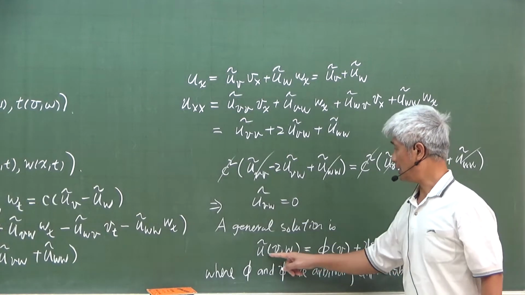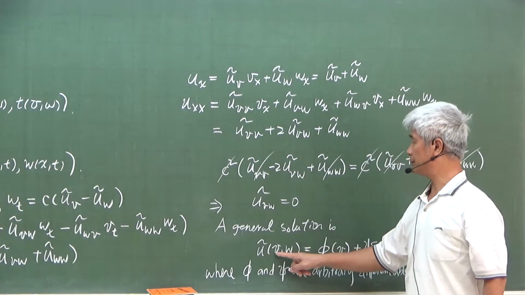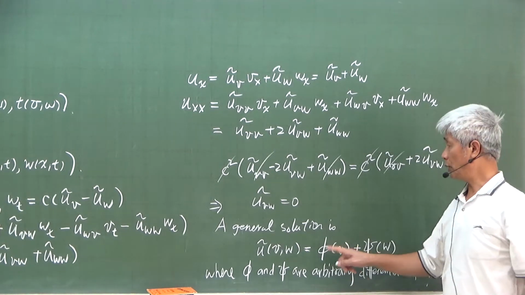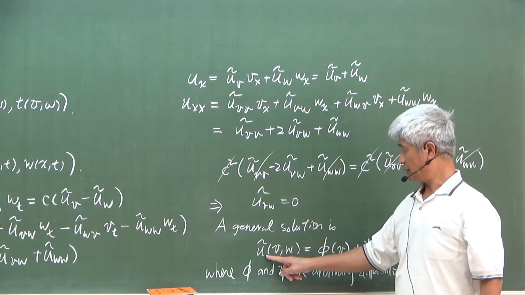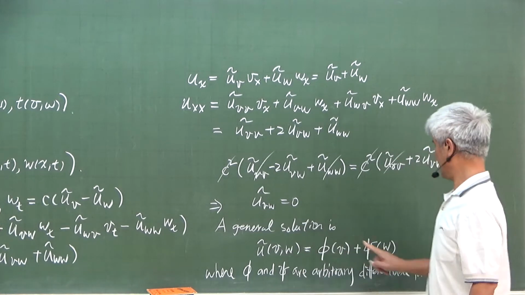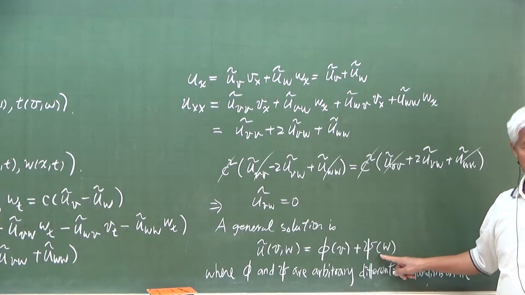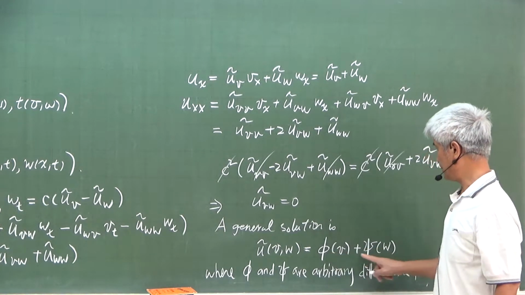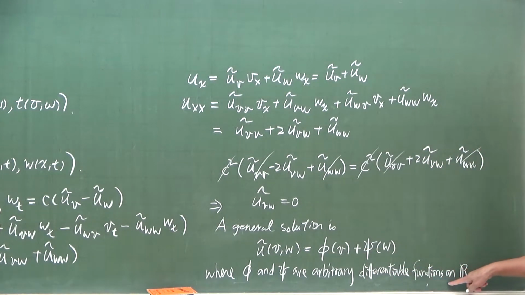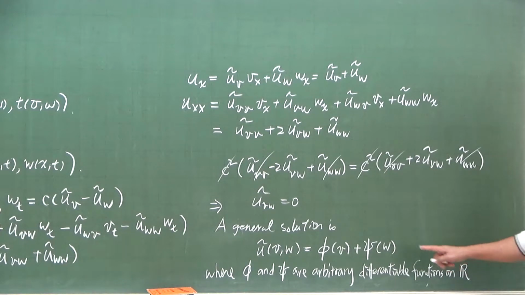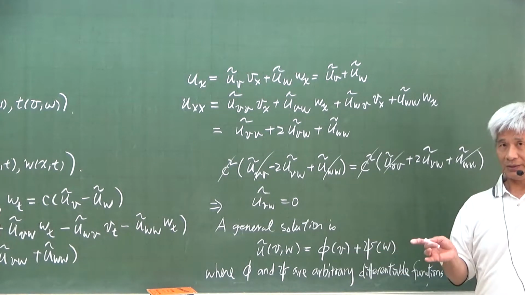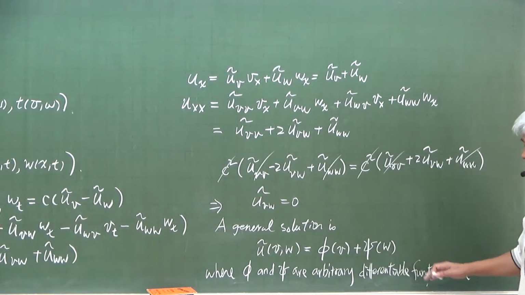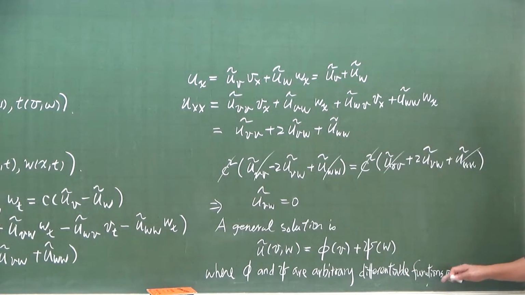So if we take the derivative relative to v, then this one must be differentiable. Or if we take the partial derivative relative to w, then this must be differentiable. Okay, so this is the reason why we require phi and psi to be differentiable. Okay, but they can be arbitrary differentiable ones. Okay, so up to here, do you have any questions about that?